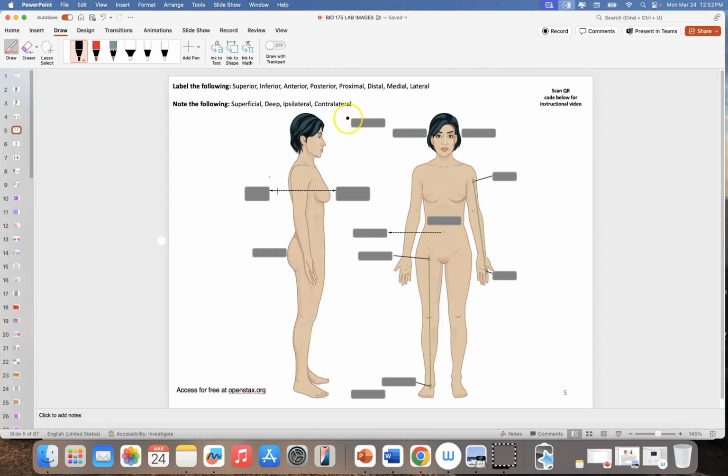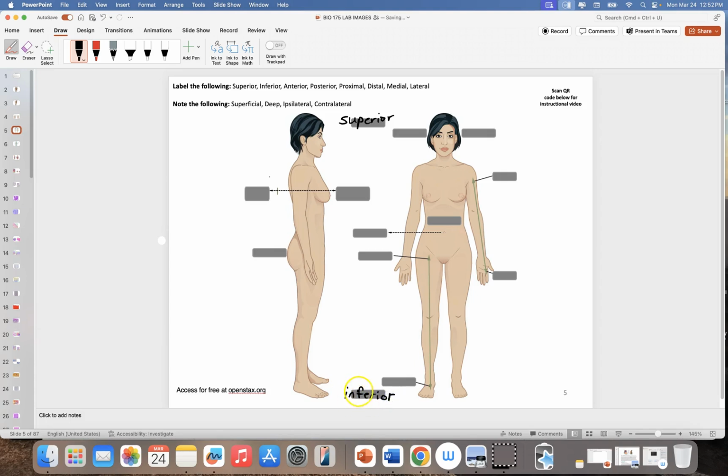Let's start up here at the top. Up here at the top, we are going to use the term superior, which means above. And then if we move down from superior and go below towards the feet, then we have inferior.